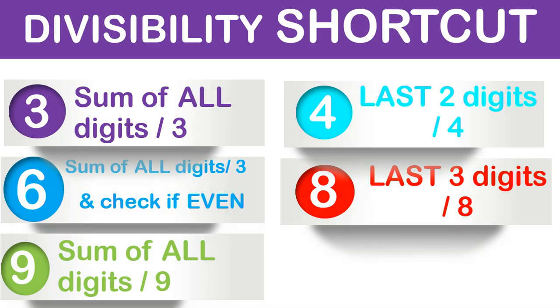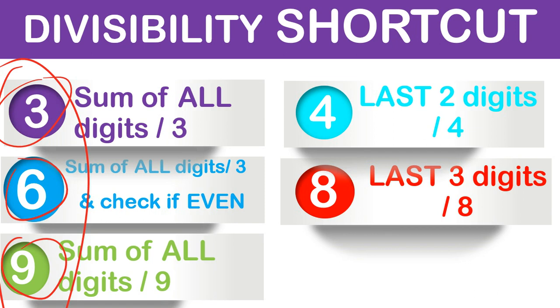Let's recap the rules of divisibility. For divisibility by 3, 6 and 9, we need to add the sum of all digits of the number and divide by their respective divisor number.